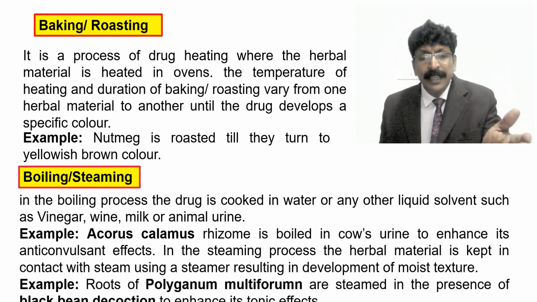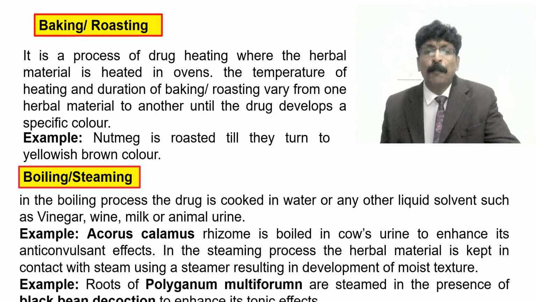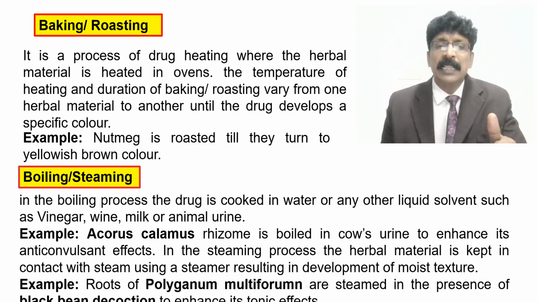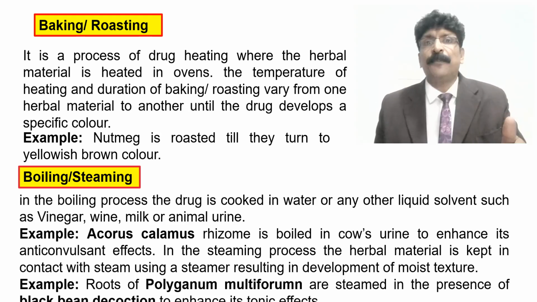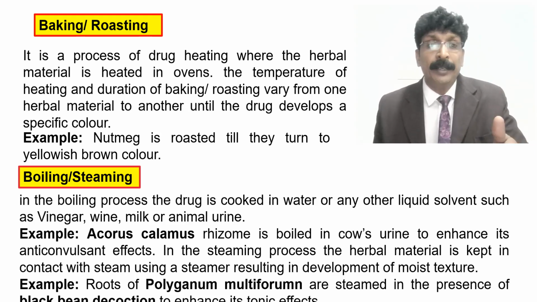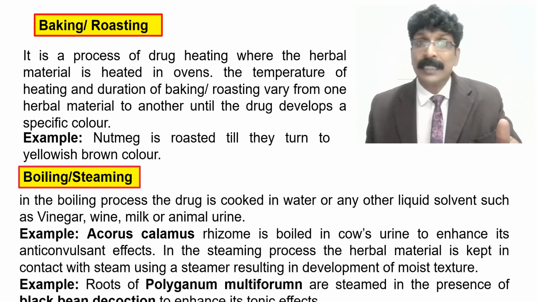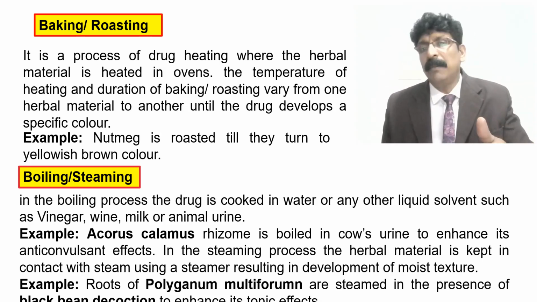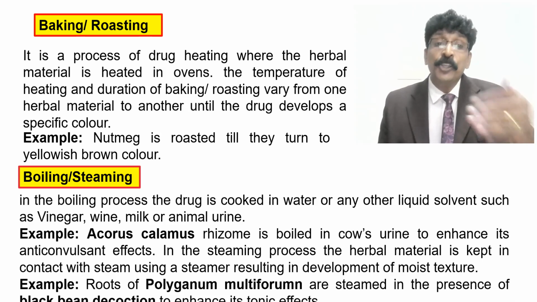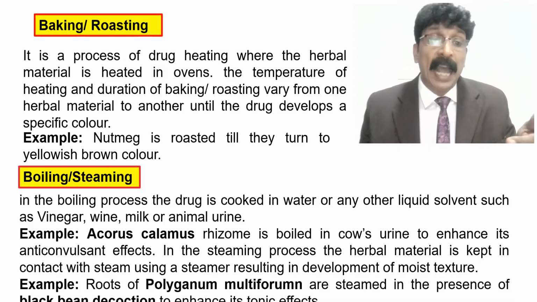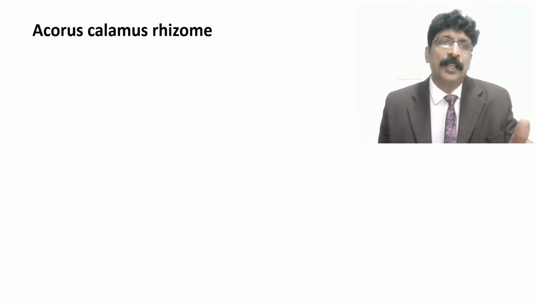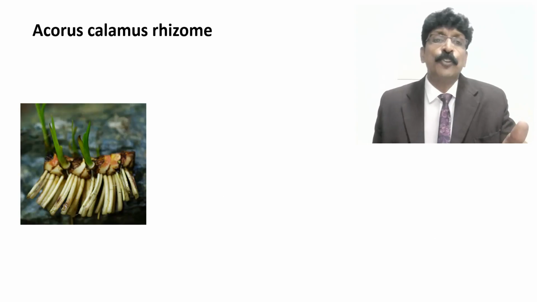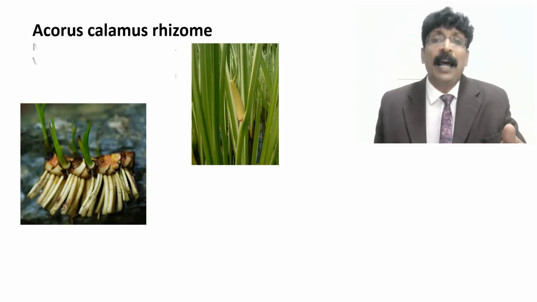So you see, it needs some other support, some natural chemicals from other plants, and natural chemicals from animal urine, like cow urine used with Acorus calamus, and roots of Polygonum multiflorum used with black bean decoction. So the Acorus calamus rhizome is like this, the plant is like this.